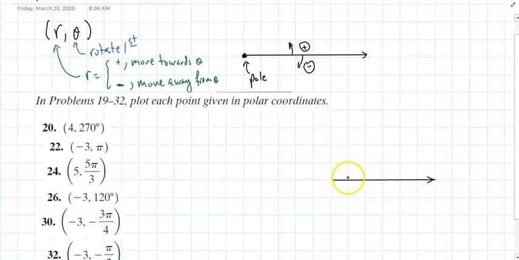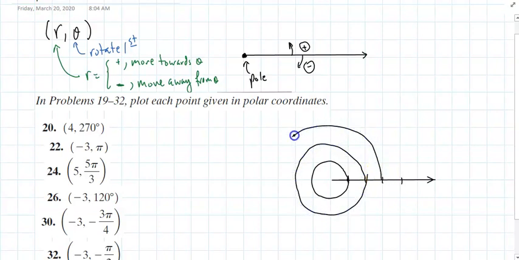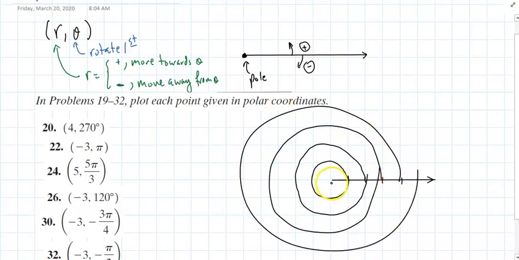So, when I go to r equal 1, r equal 2, r equal 3, r equal 4, since I am moving in a rotational way, I wouldn't draw a rectangle, I would draw a circle. So that's how the grid looks like. It looks like a bunch of circles.